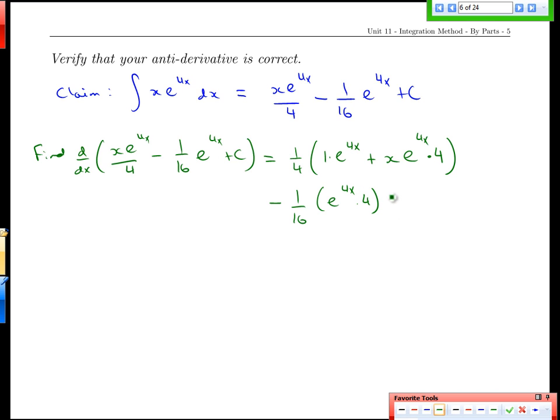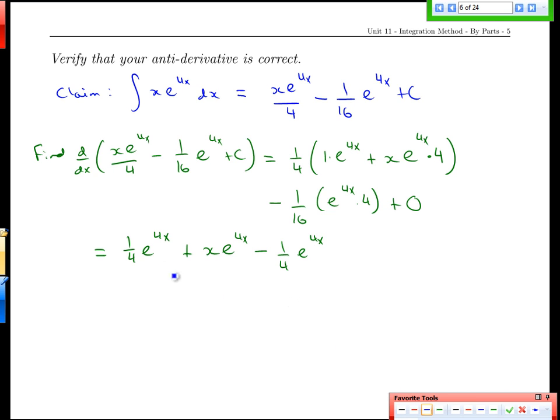And the derivative of the constant is 0. All right, let's simplify that a bit. We'll have 1/4 e to the 4x. Then the quarter and the 4 here cancel. We'll have plus x e to the 4x minus 4 times 1/16, which is 1/4 e to the 4x.